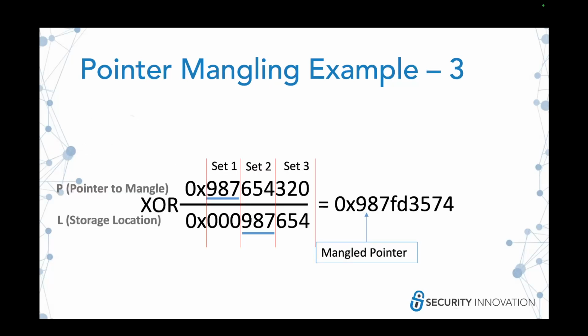So now, this is how this looks like, and we just XOR everything together. So 987 is, of course, fine. It's just going to go to itself because XOR 0 with anything is going to be anything. And then we're going to XOR the 654 with the 987, and then the 320 with the 654.